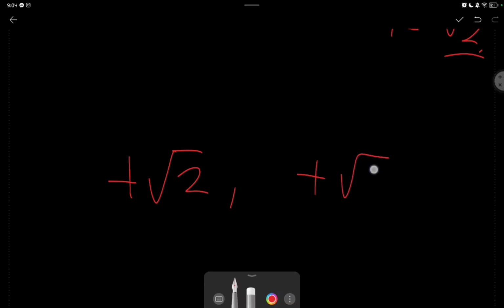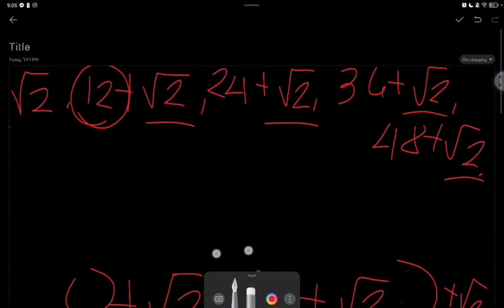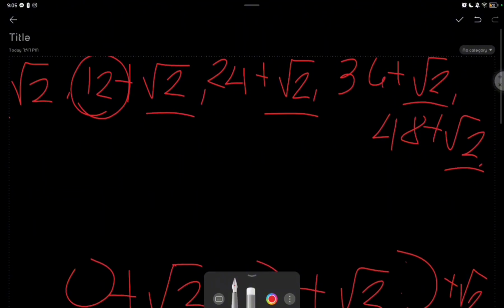plus square root of 2, then plus square root of 2. We will find the number to be added in the square root of 2. So obviously as you can see, 12 plus 12 is equal to 24.